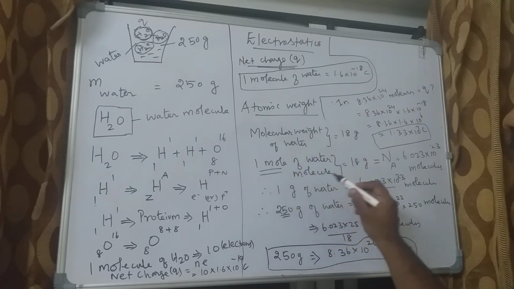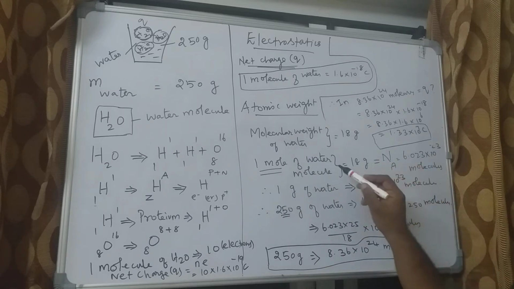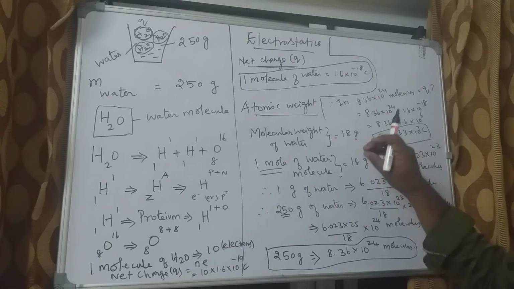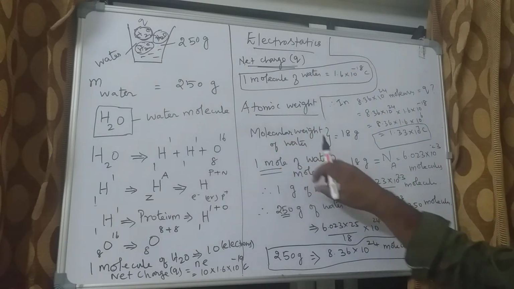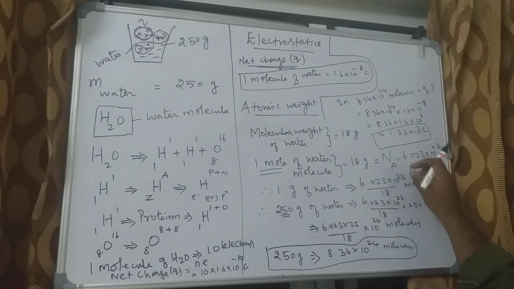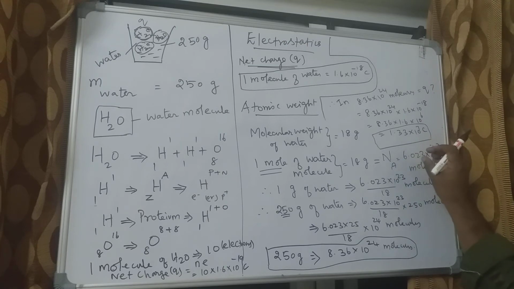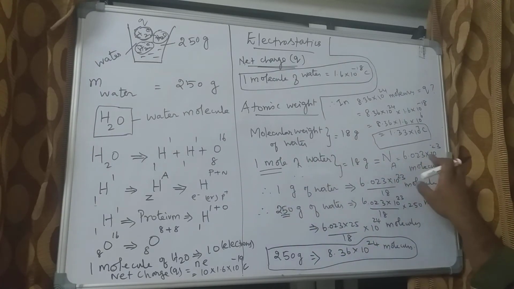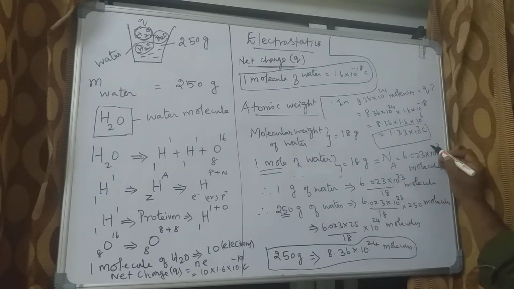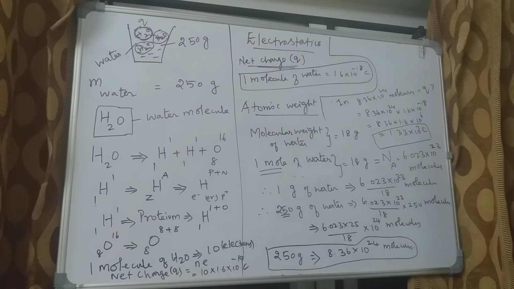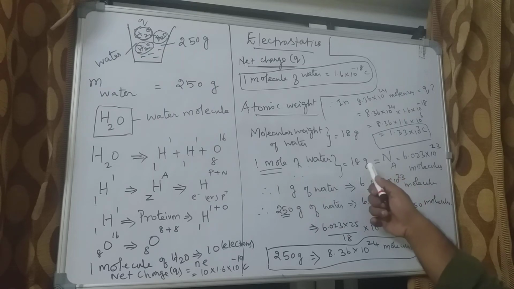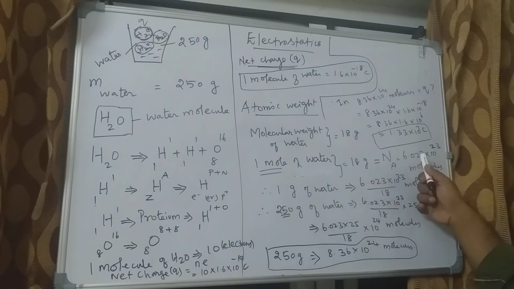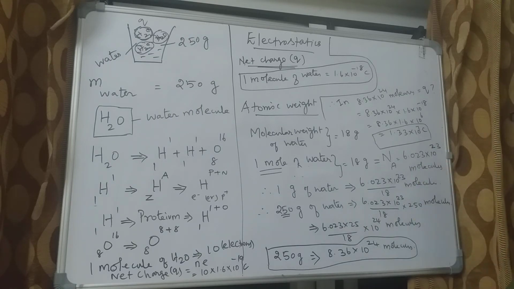So, 1 mole of water comprises 18 grams of water, and if we want to convert this mole to molecules, this many number of molecules are present in 1 mole of water. That is, 18 grams of water contain 6.023 into 10 to the power 23 molecules.